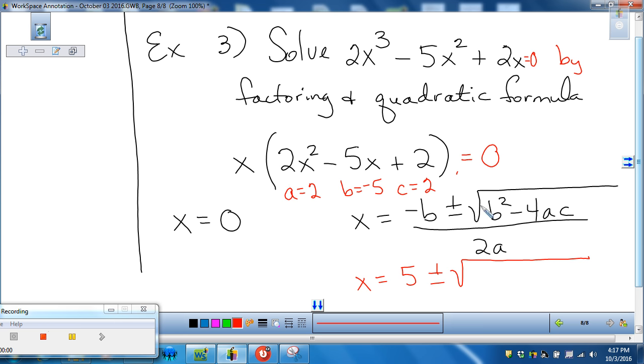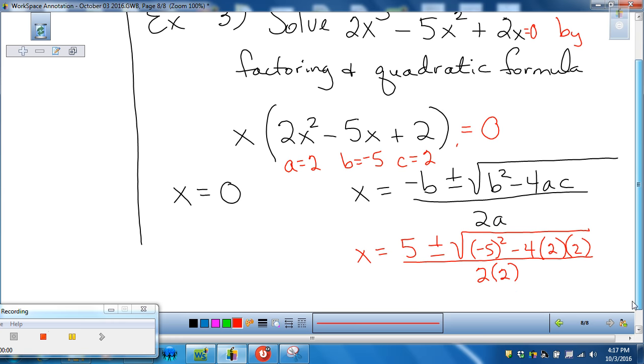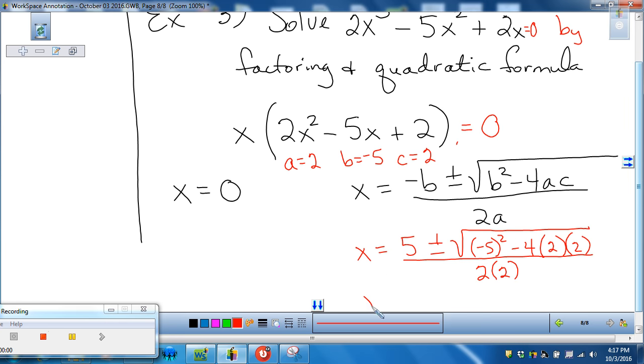So we've got negative 5 and we're squaring it. Take away 4 times a, which is 2, times c, which is 2, all divided by 2 times a, which again is 2.